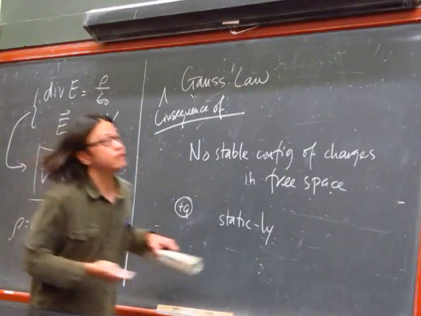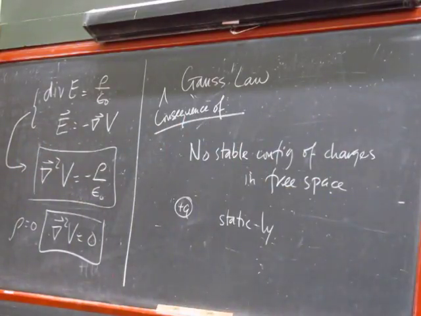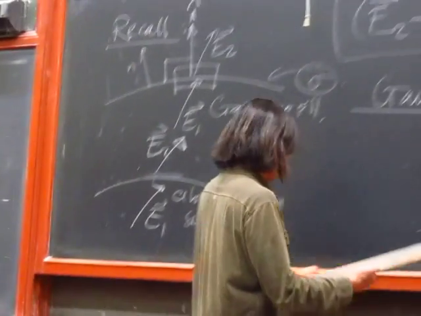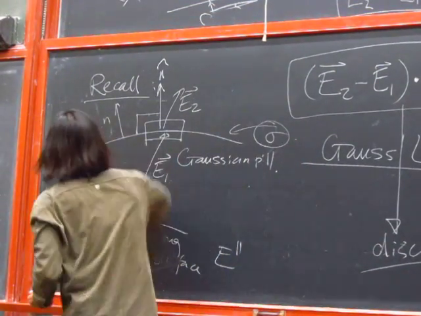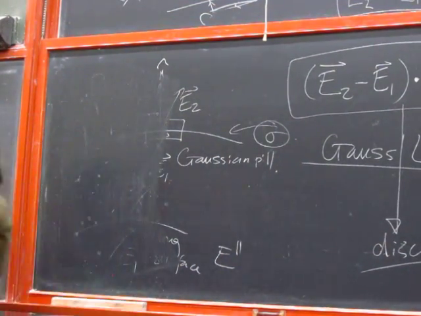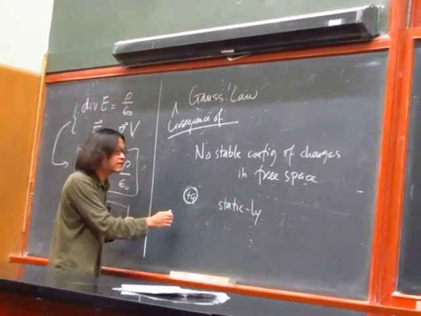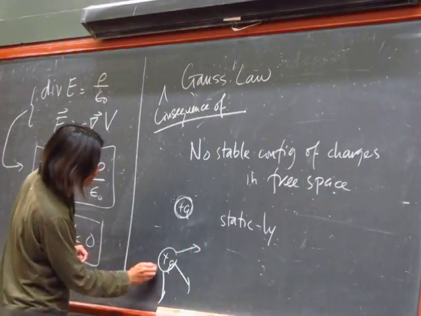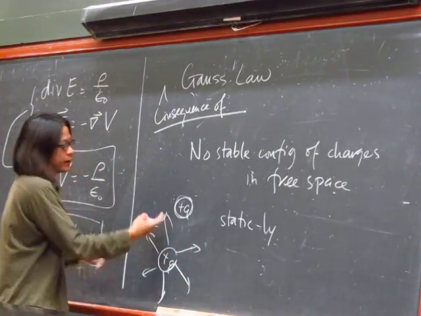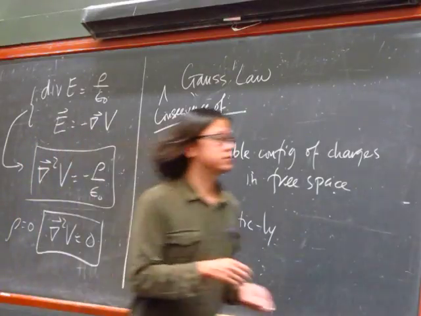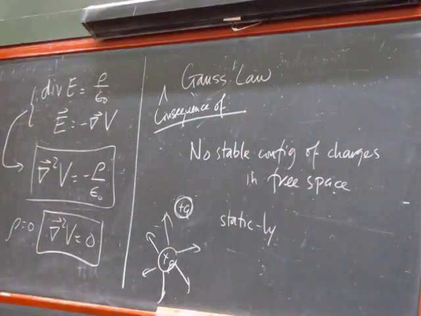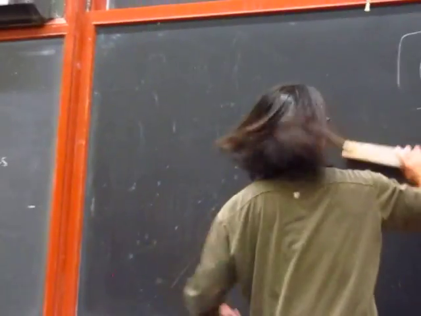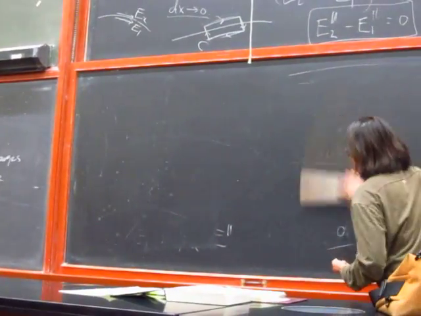So why is that? Because an electric field generated by the charge Q cannot act on itself. So this Q has an electric field, but it cannot act on itself. So I have to look into the effect of the electric field generated by other charges on that charge Q.